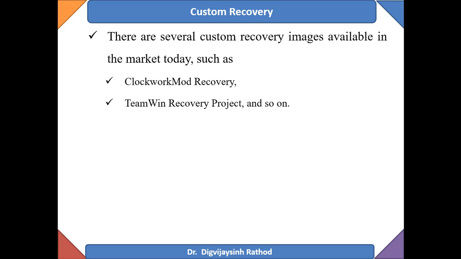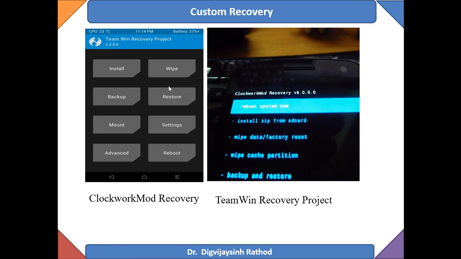I think after unlocking the bootloader, you can install the custom recovery image inside your Android phone. And using that custom recovery image, you can install the super user or any of the rooting applications inside the Android phone, and you can root it. So these are the two very well-known applications available in the market. So you can follow these 6 or 7 steps.